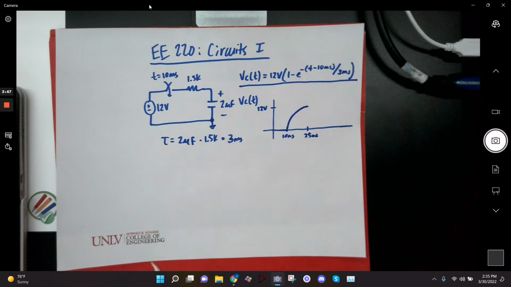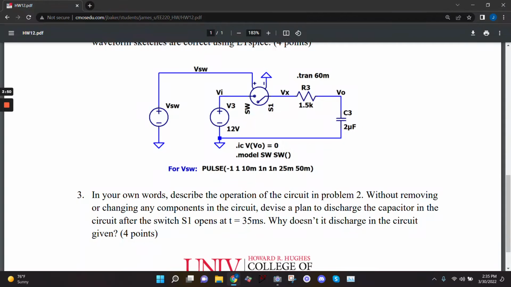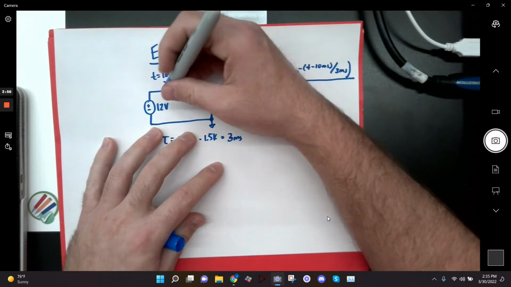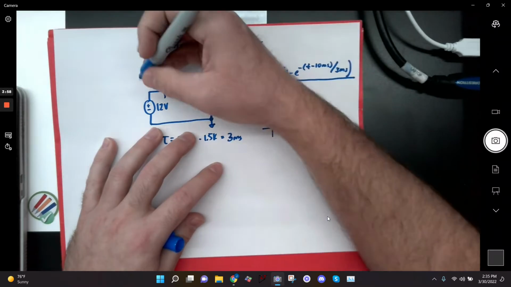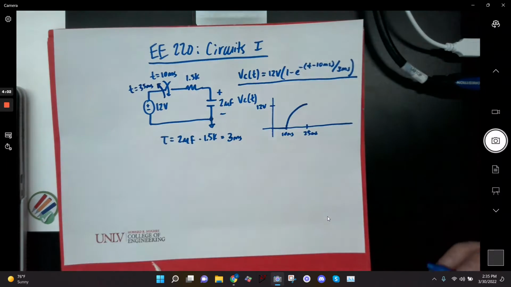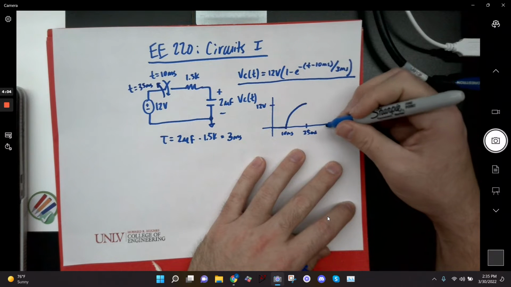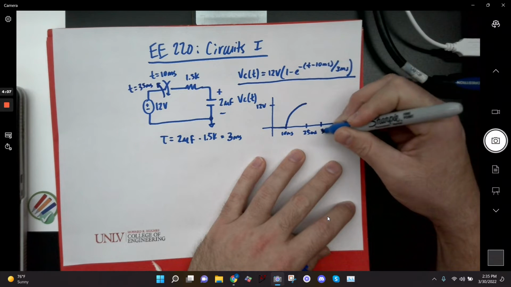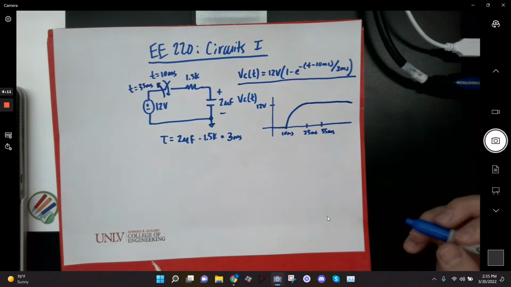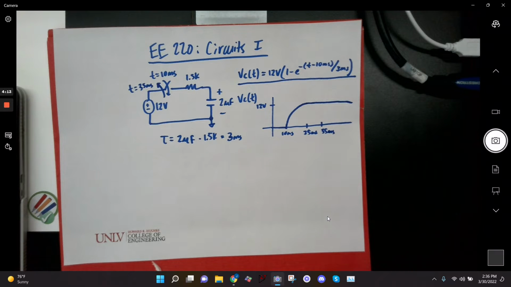And then, I think in the problem, the switch opens again at 35 milliseconds, right? So then I would draw an arrow that looks like that, signifying that the switch opens at 35 milliseconds. Okay? So the question is, why doesn't my capacitor start discharging at 35 milliseconds?